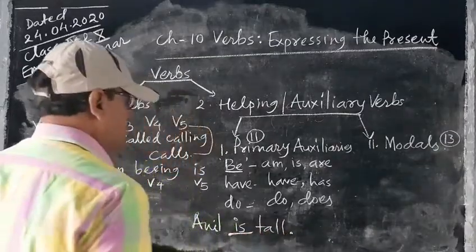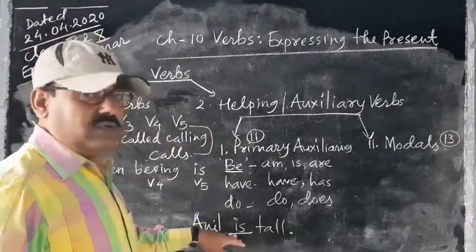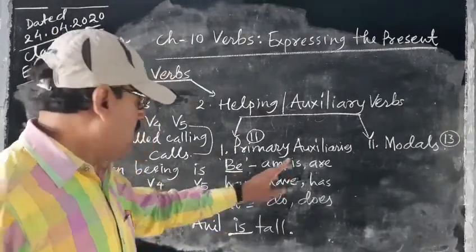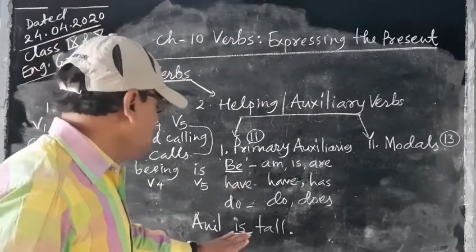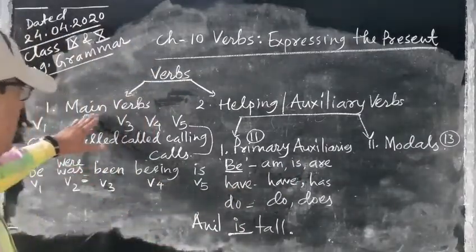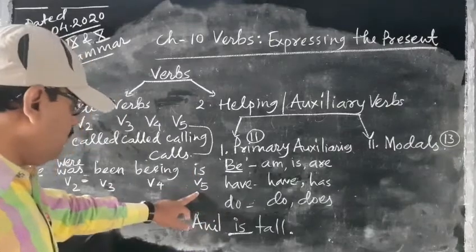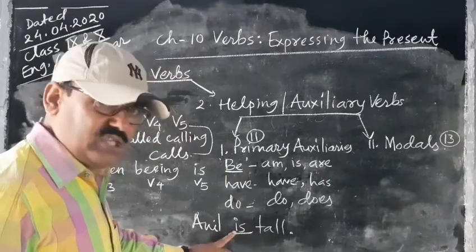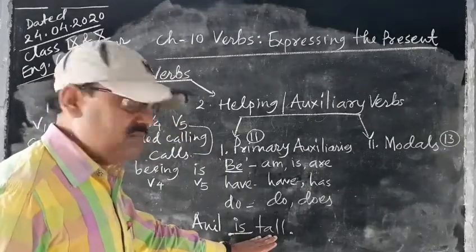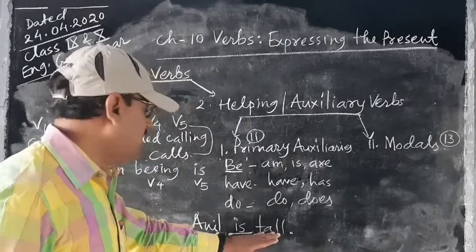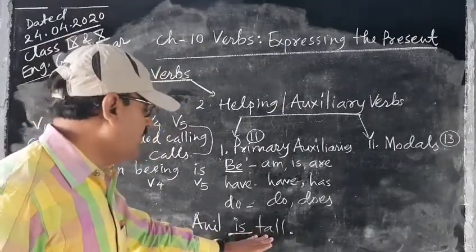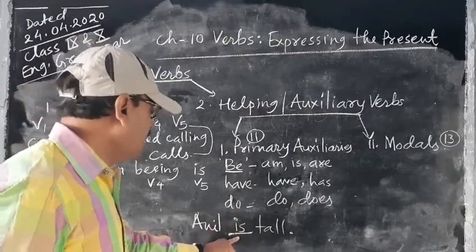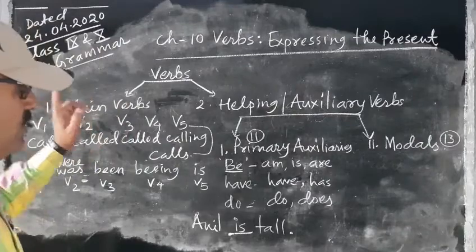In this sentence, is is the singular form of be, and this is used as main verb because this form V5 has been used, and after this is there is no other verb. There is an adjective, that is tall. So Amir is tall clears it that this verb is the form of main verb or ordinary verb.